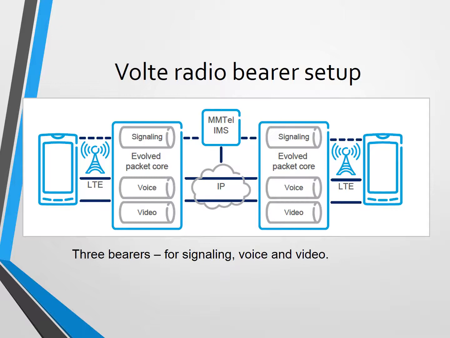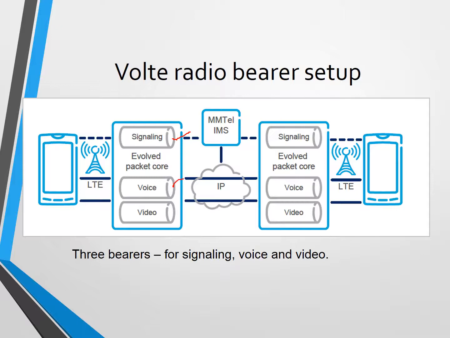One of the bearers is mandatory for IMS signaling, that is the signaling bearer, and once the signaling bearer is established, then at any time a UE can perform a voice call, either on the originating side or on the terminating side.